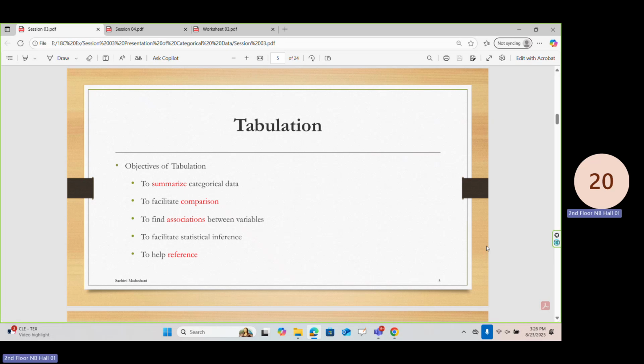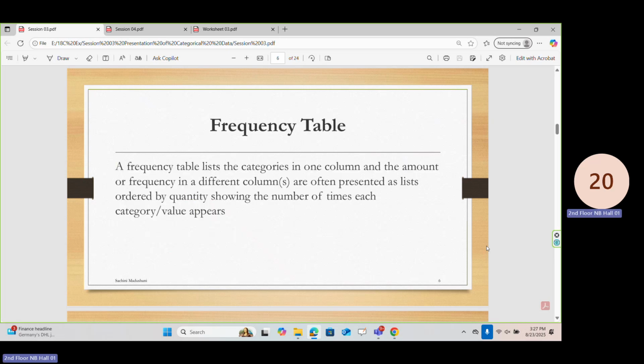No paragraphs or sentences, all the outputs are given as tables. Also, when preparing an assignment, we insert tables as references. Clear. These are the objectives of the tabulation method.